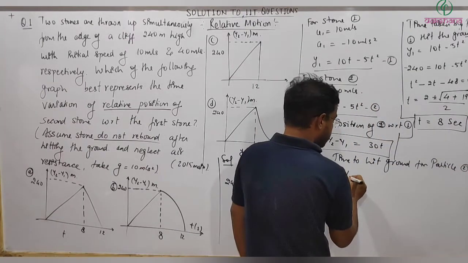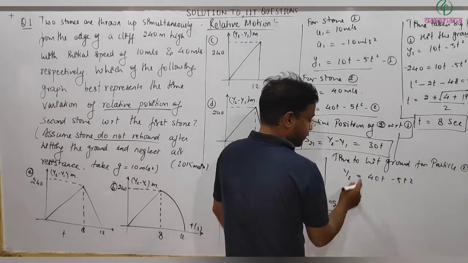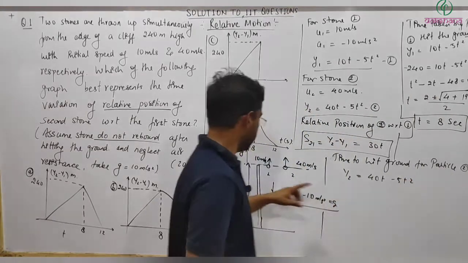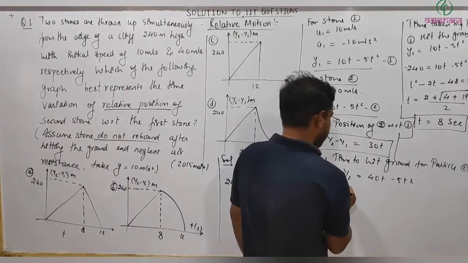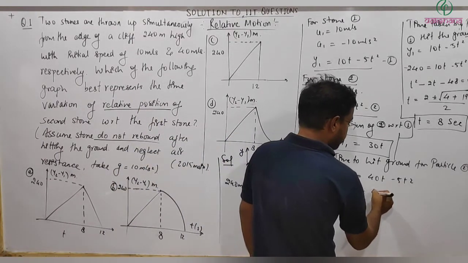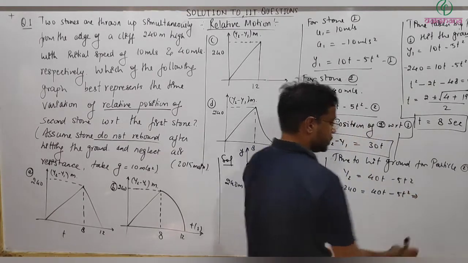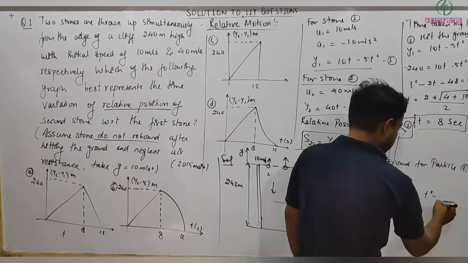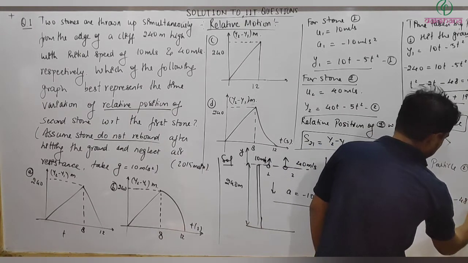So for y2 also it will be 40t minus 5t square, and when this particle is hitting the ground, it will also be origin, so it will be minus 240, right? So minus 240 equals 40t minus 5t square, again rearranging it, it comes t square minus 8t minus 48 equal to 0.